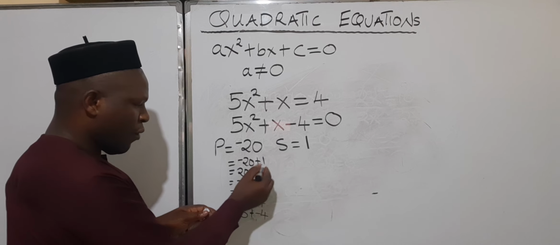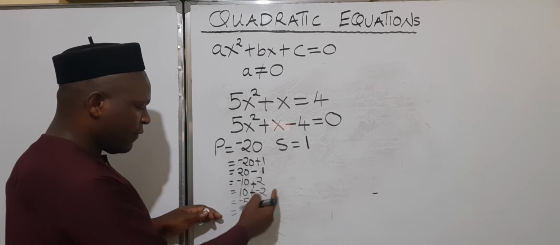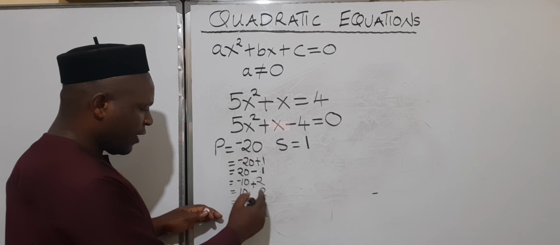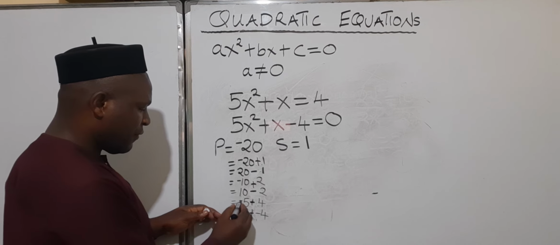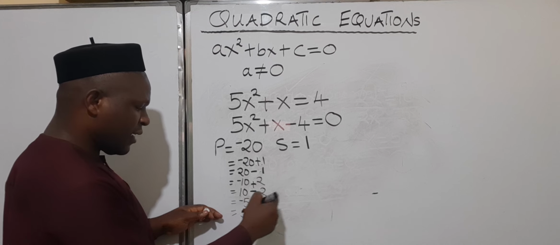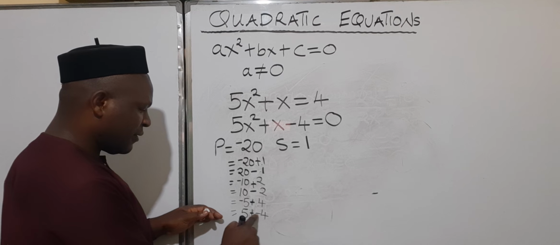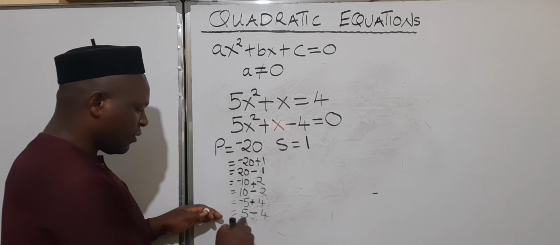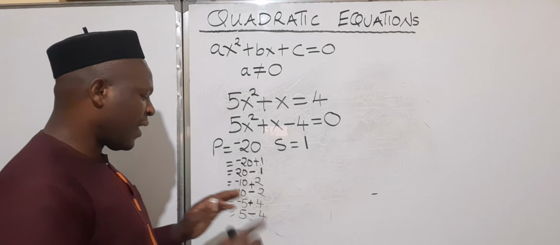It doesn't give me 1. Here, it doesn't give me 1. There, negative times positive or positive times negative, I'll get a negative. It doesn't give me 1. Negative 5 plus 4, it doesn't give me 1. Positive times negative, you have a negative here. So this minus this, it gives me 1.